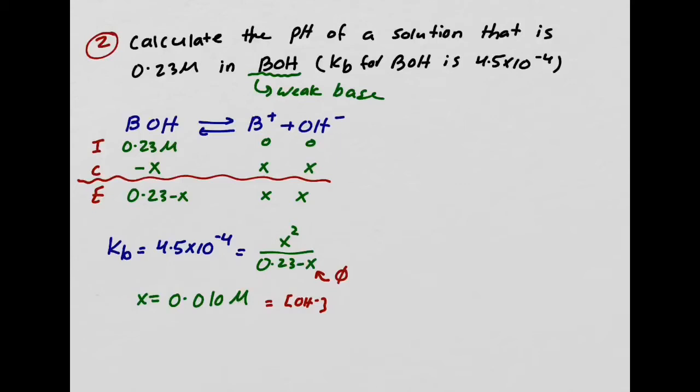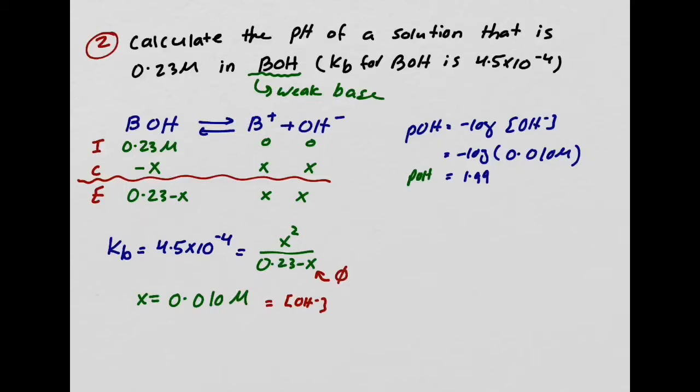I know pOH is minus log of hydroxide concentration, so minus log of 0.010 molar. What I end up getting is 1.99 for the pOH.